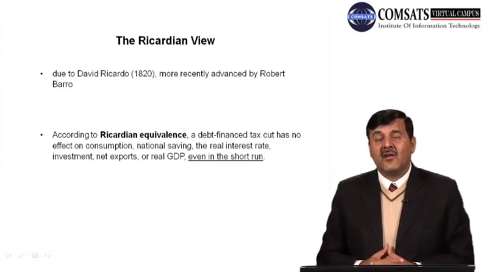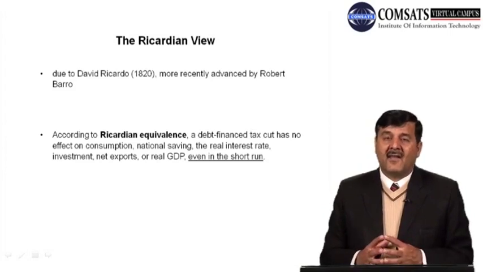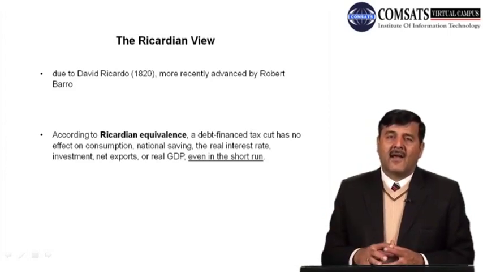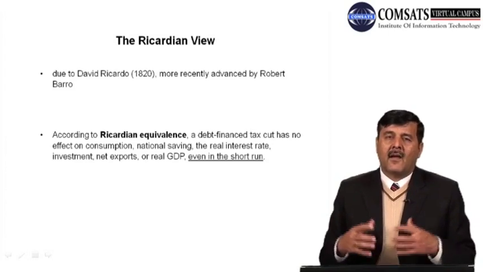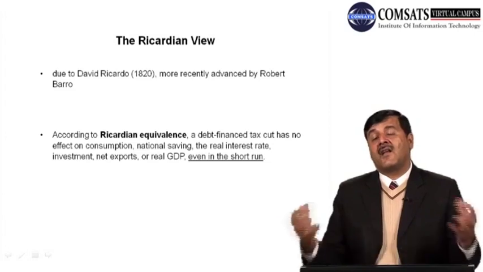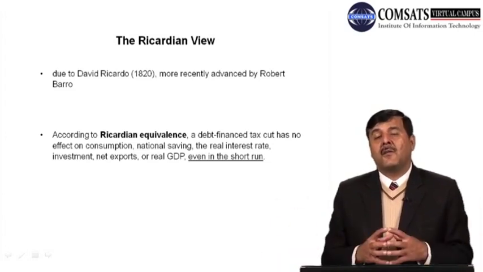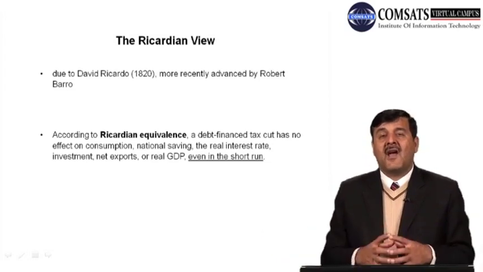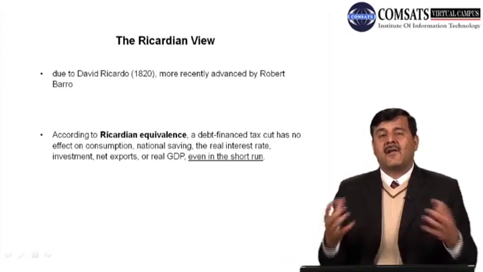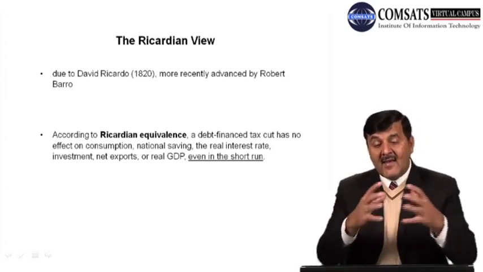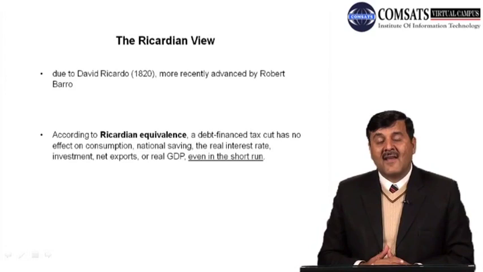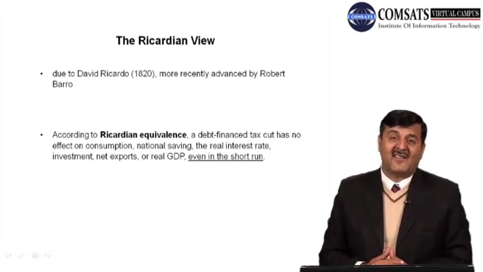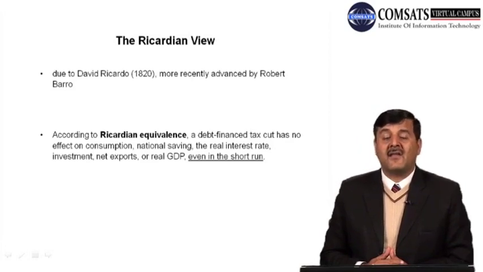They are saying that, as we said, traditional economists say that if you cut taxes, the decrease in taxes changes expenditure. Traditional economists say that aggregate demand and aggregate supply will change, output will change, employment will change, investment will change, exports will change, the interest rate will change. But what Ricardian economists say about that tax cut is that a debt-financed tax cut has no effect on consumption, no effect on national savings, no effect on the real interest rate in the economy.